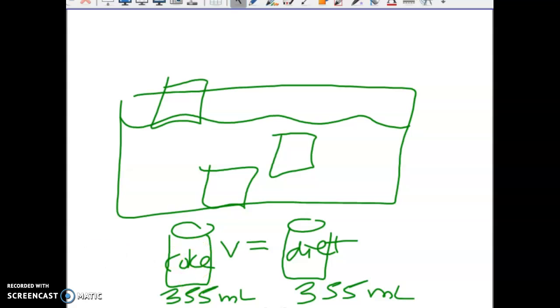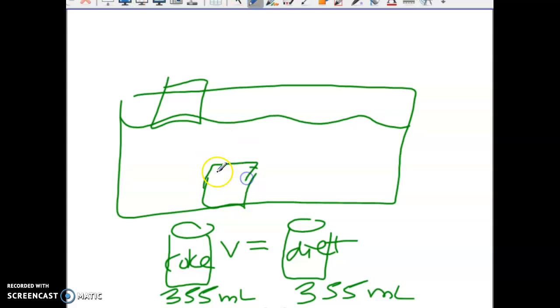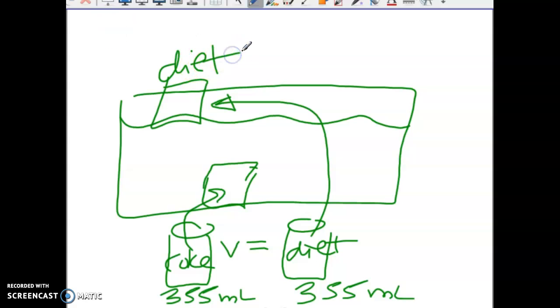So what ended up happening here is our regular Coke ended up sitting at the bottom of the tank, and the Diet Coke ended up floating in the water.